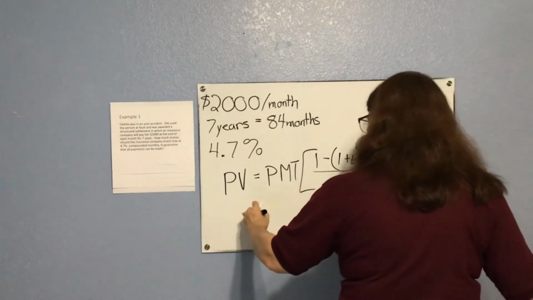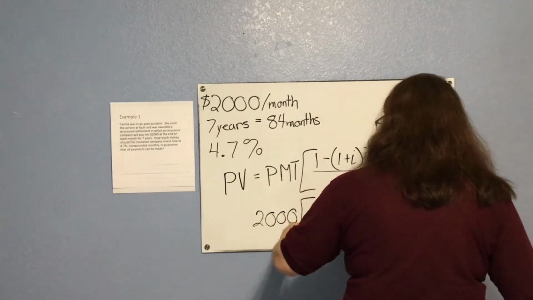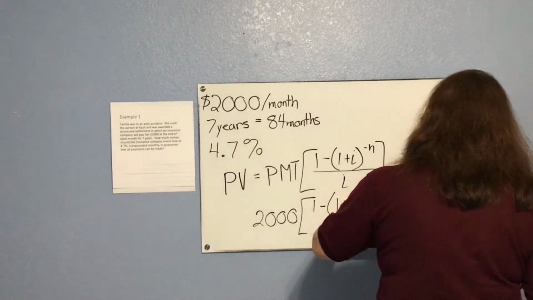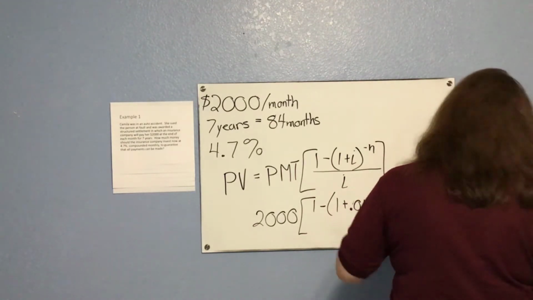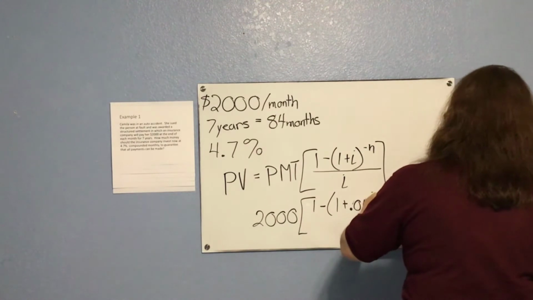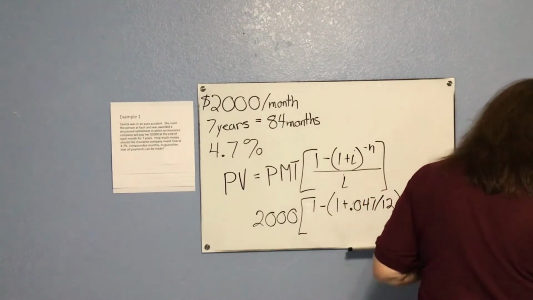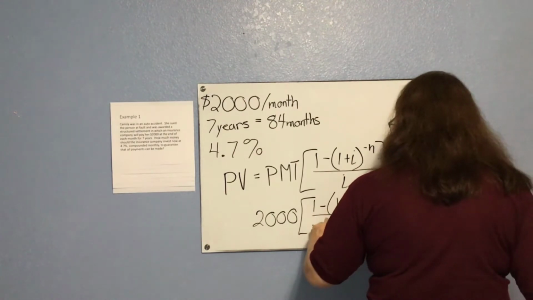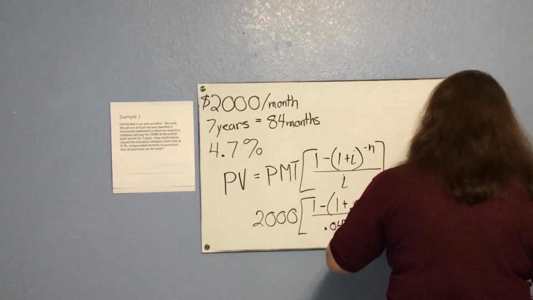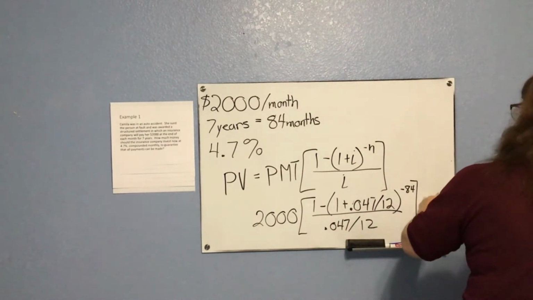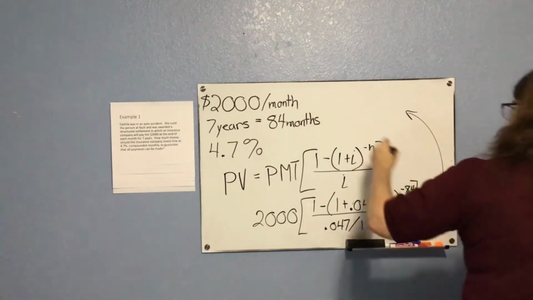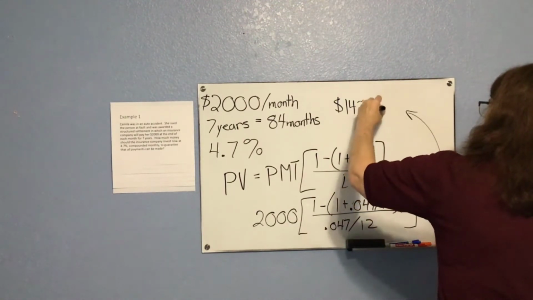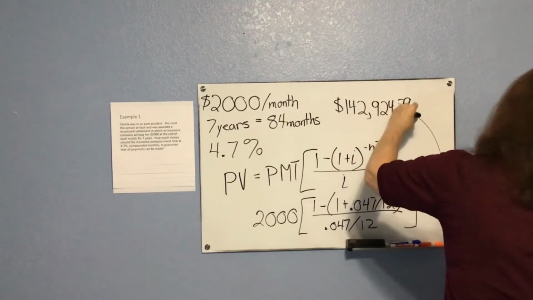So let's substitute what we know: 2,000 times (1 minus (1 plus 0.047, except that's annual, so 0.047 divided by 12) to the negative 84) over 0.047 divided by 12, and this comes out to $142,924.79.